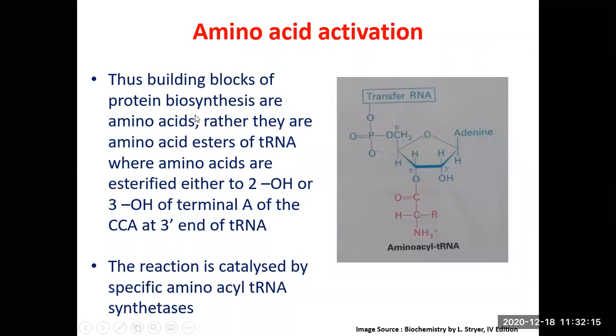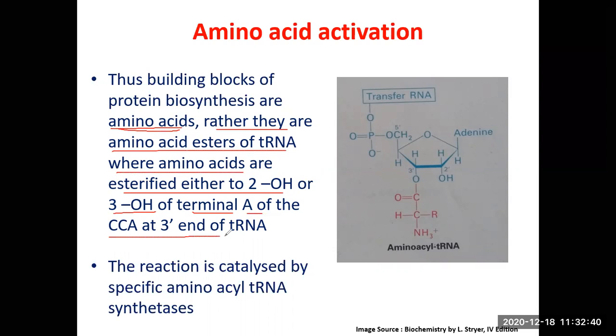So what does it mean? It means that during protein biosynthesis, the building blocks are not free amino acids. Rather, they are amino acid esters of tRNA, where amino acids are esterified either to the 2-hydroxyl or 3-hydroxyl of the terminal A of the CCA at the 3' end of the tRNA.